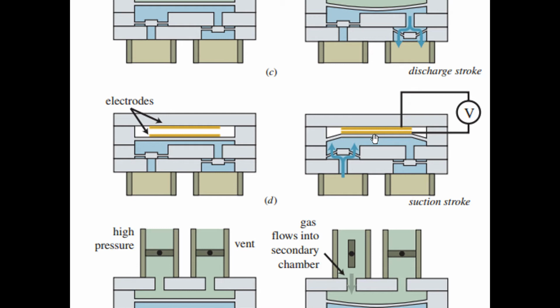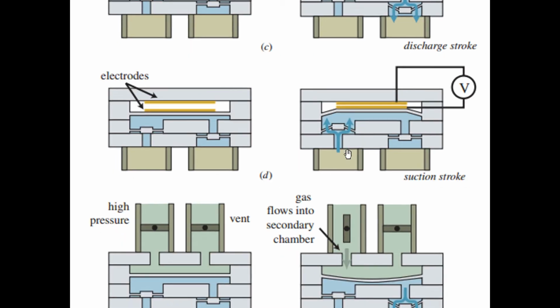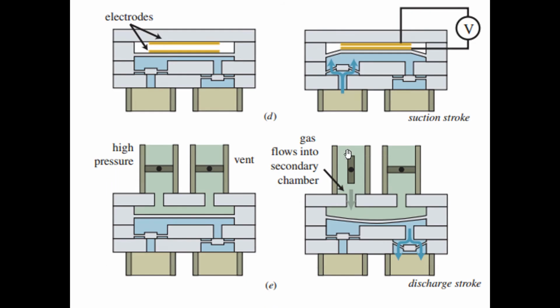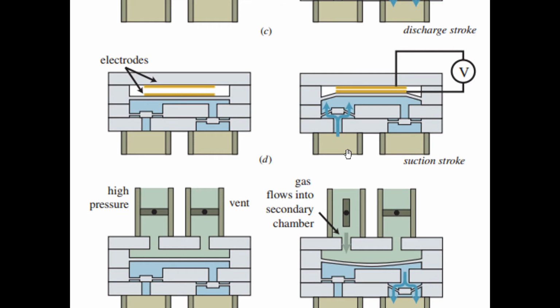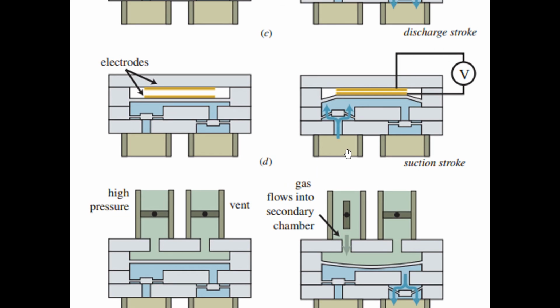So electrostatics are quite fast also. Sometimes you need relatively large voltages. Sometimes tens of volts is possible, but often you need more than 100 volts. So that's something to keep in mind. But electrostatics can be used as pumps. This is a technology, by the way, that doesn't work very well at the large scale.